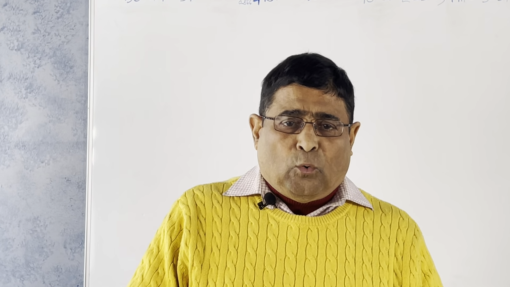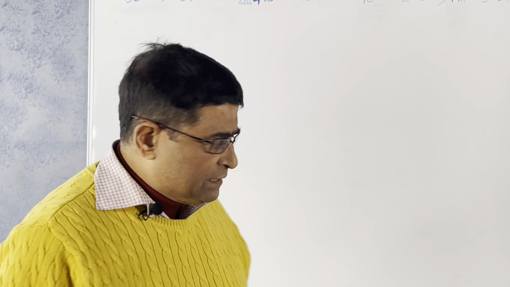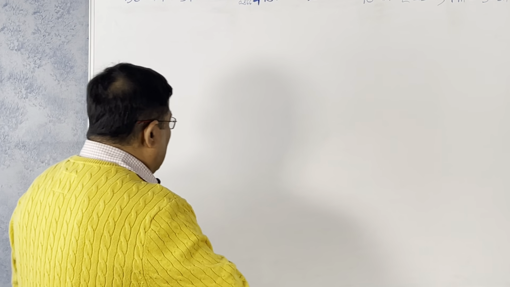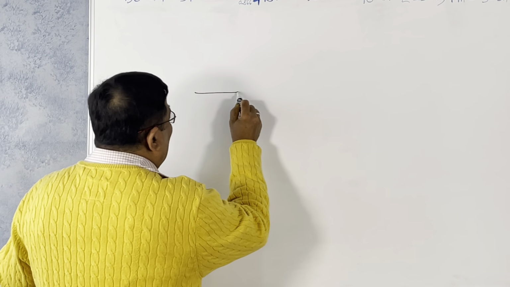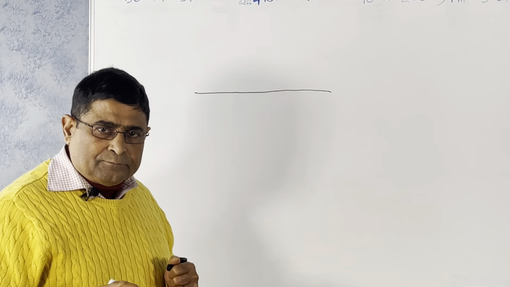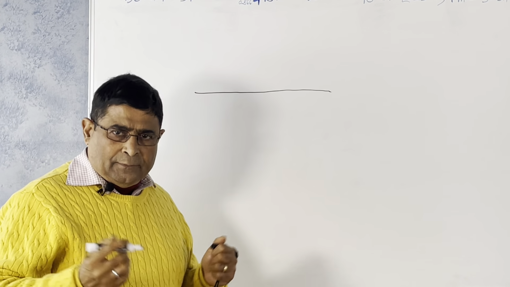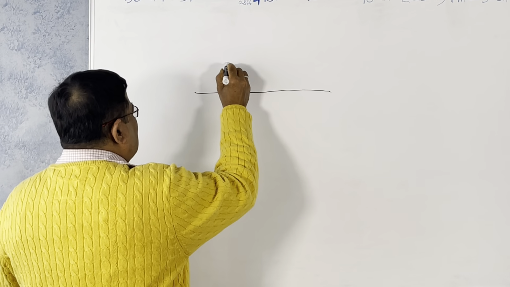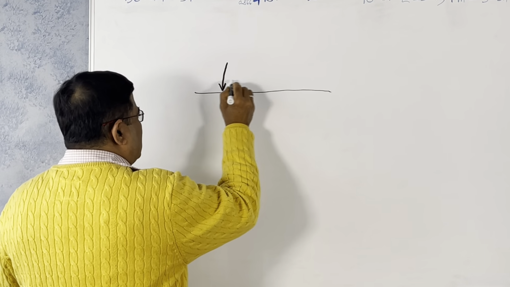So what is the beam that we need to discuss? A beam is a member which, in most cases, is horizontal. It may be vertical also, but it's usually horizontal, and load is applied laterally.